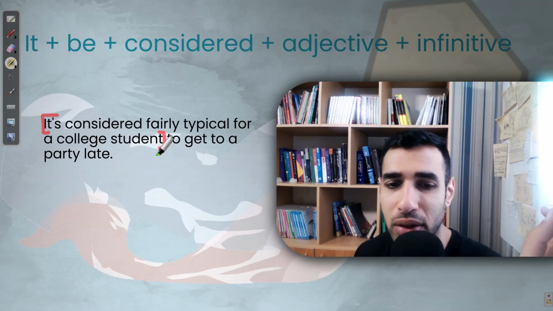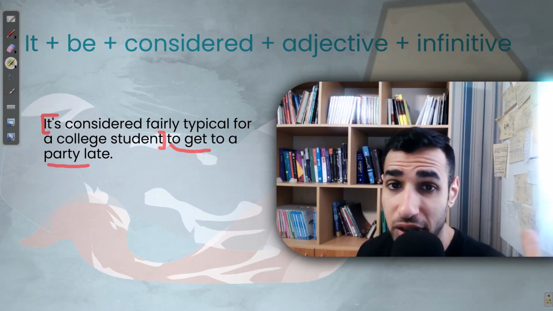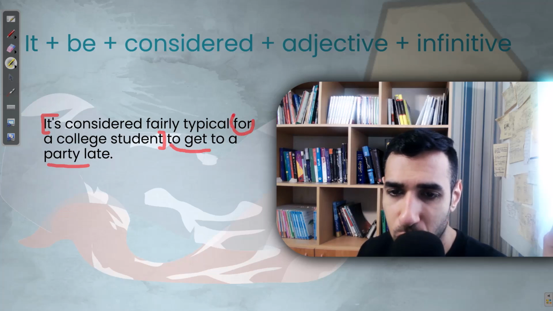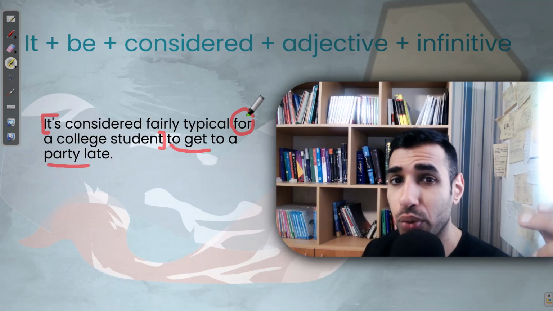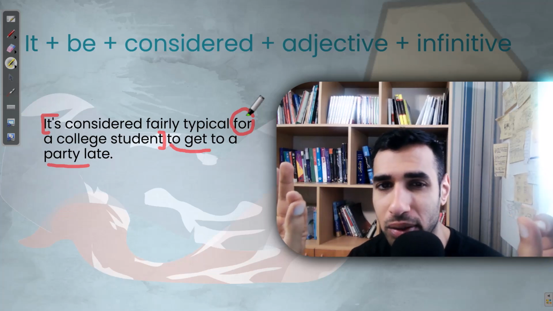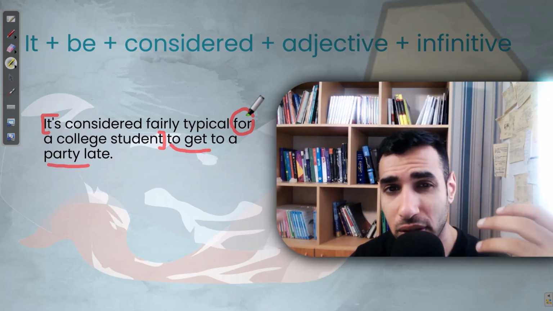This is our infinitive phrase. And pay attention to the use of the word for when we want to talk about someone, say a tip, maybe criticize someone's behavior, maybe talk about someone's feeling.